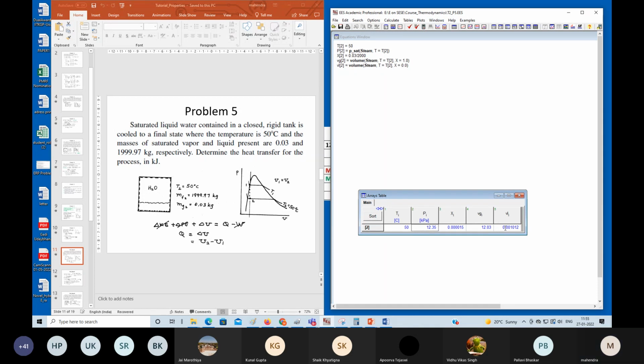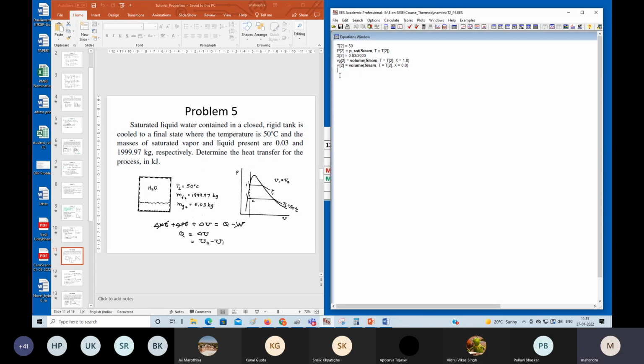Then what can we calculate? The specific volume at 2. Otherwise you can directly get it also, but whatever our practice we are following, let us see.